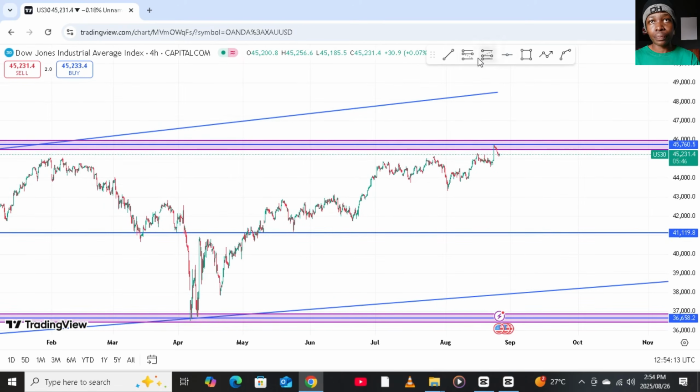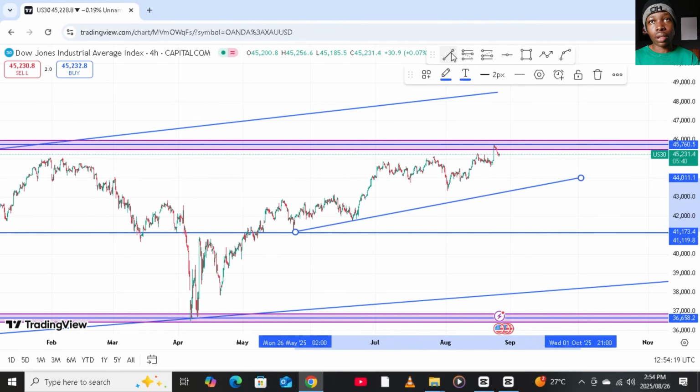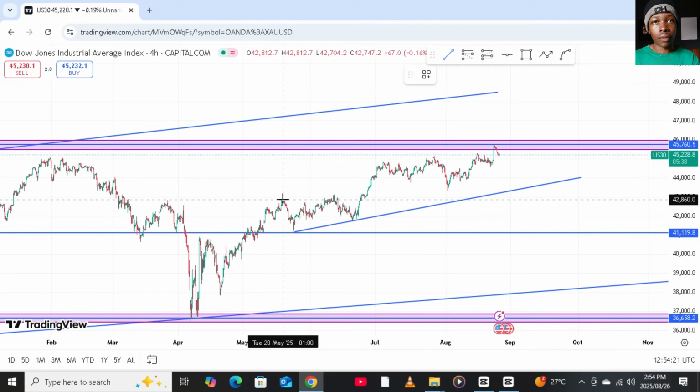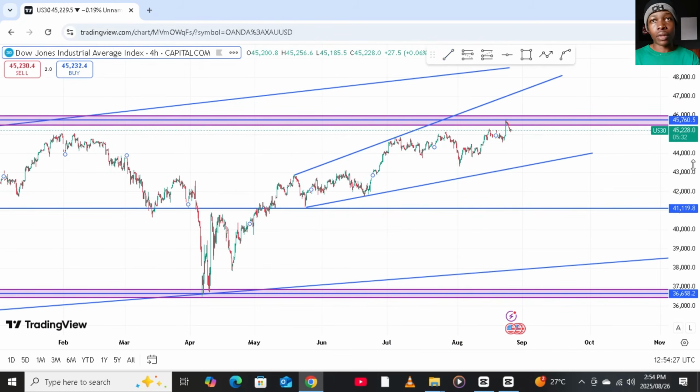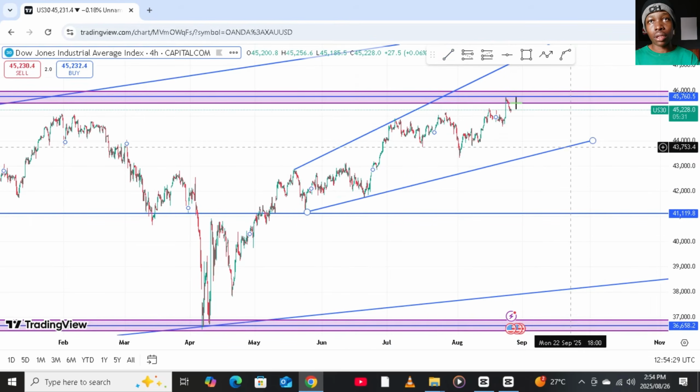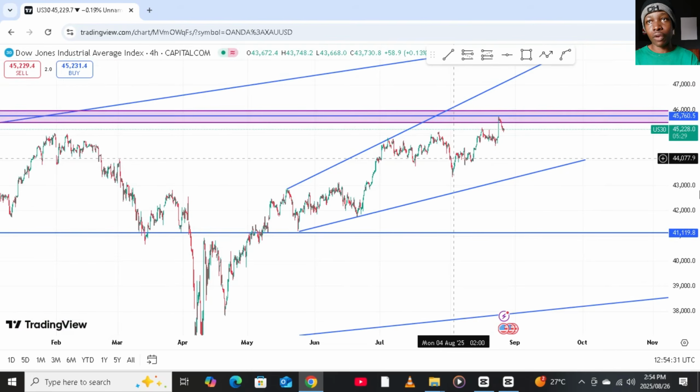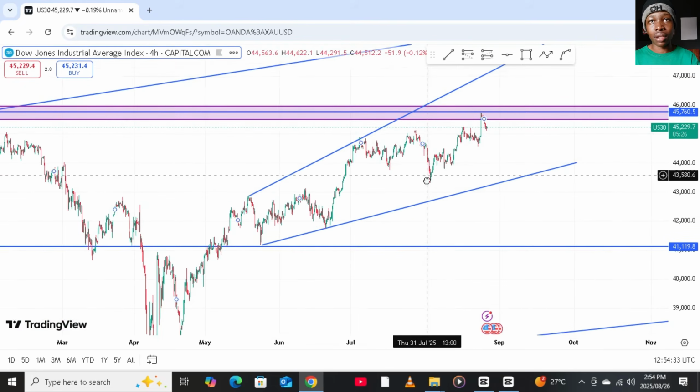And then draw a trend line going like this, and a trend line from there to there. Then now we focus on what's inside, right? We focus on what's inside.